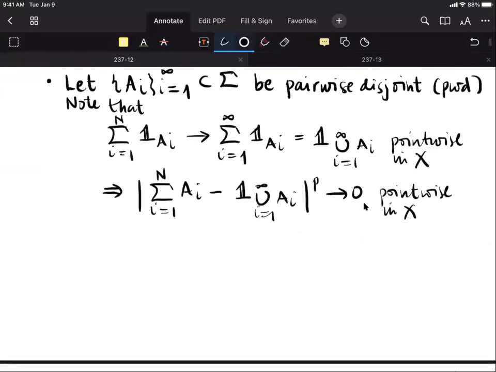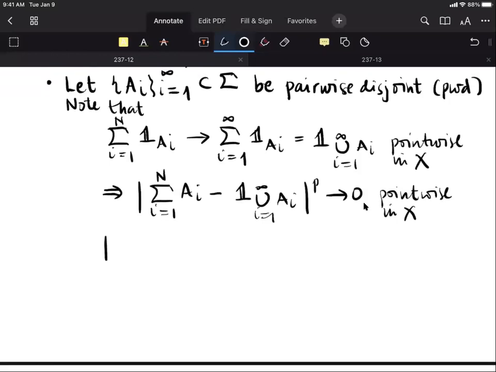Okay, and the other one, if you take, let's say, the magnitude of this, the absolute value, raise this to the power p.